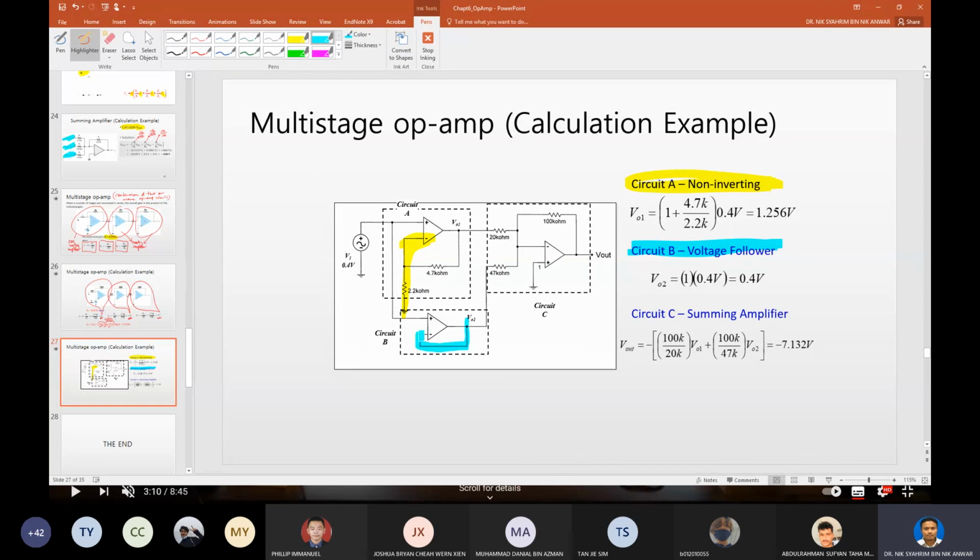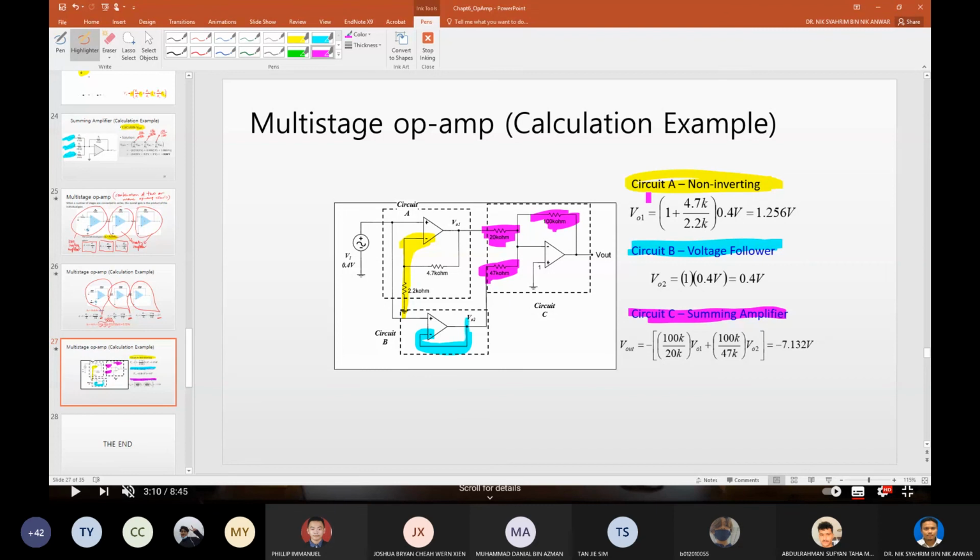Here you see that the feedback is short circuited straight away without a resistor, so it's a voltage follower. And the last one, you have a summing amplifier where you have 2 inputs and 1 feedback resistor.